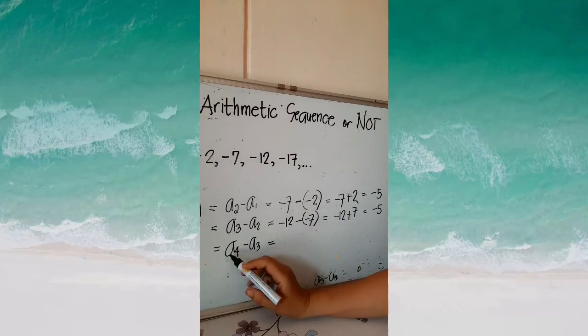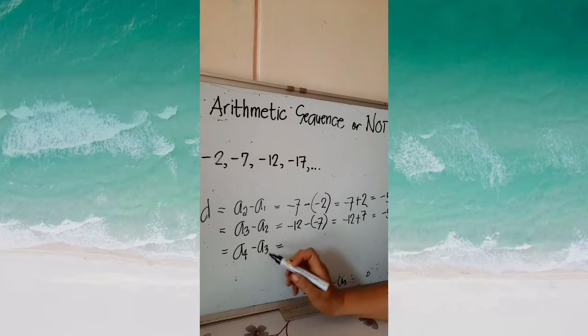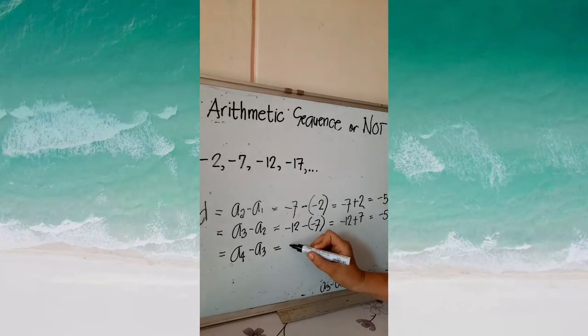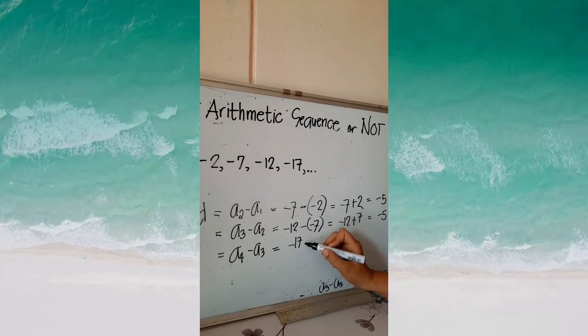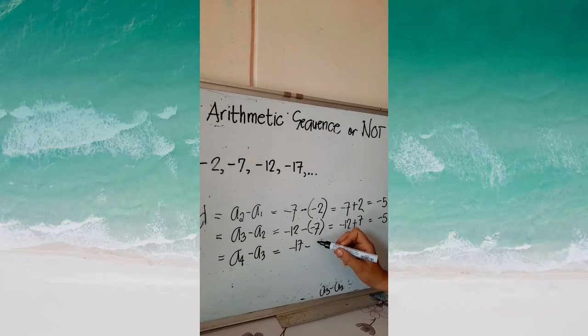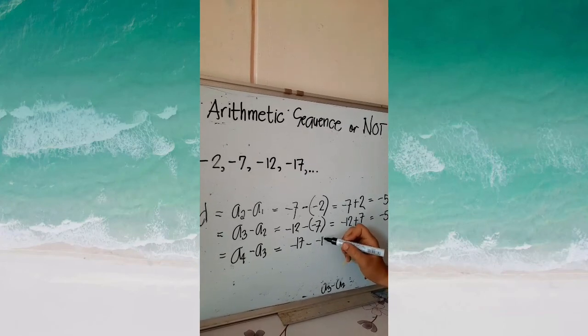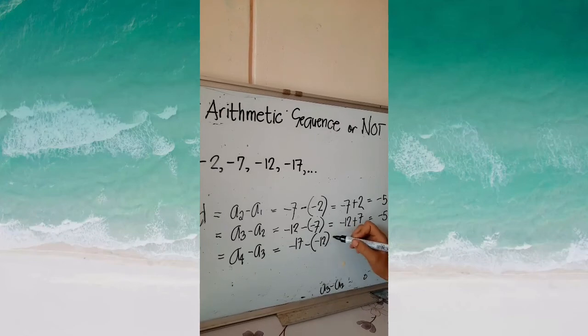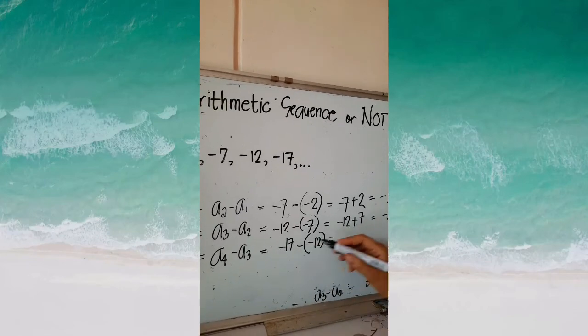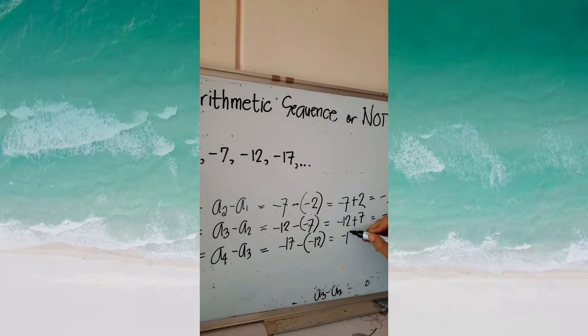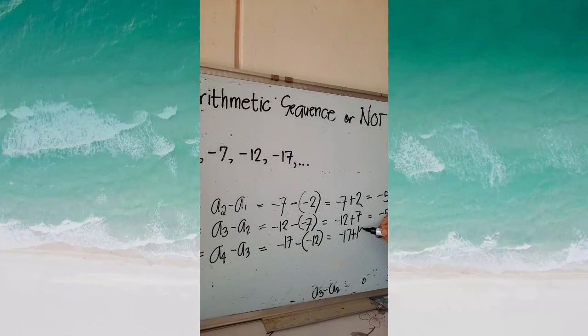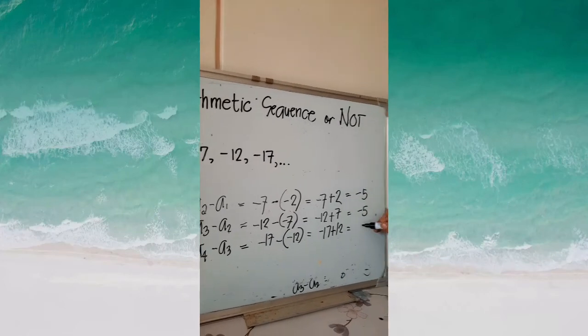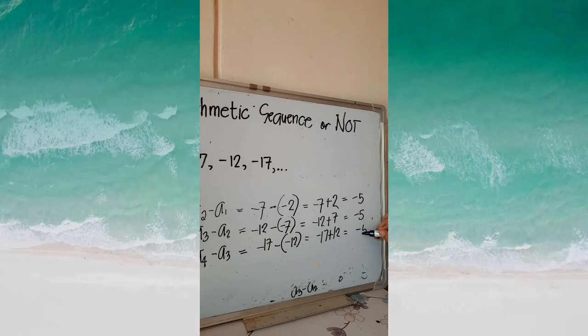And last but not the least, we have the fourth term minus the third term. Our fourth term is -17 minus our third term, -12, so we'll put parentheses. So -17 minus (-12) will become -17 plus 12. Our answer will still be -5.